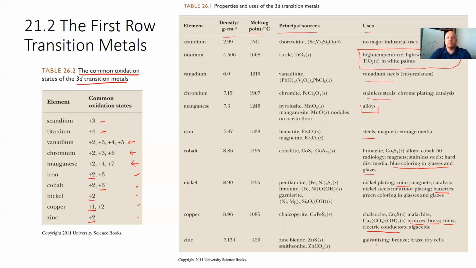One of the biggest uses of zinc, as we talked about, is galvanization, or as a sacrificial anode in a lot of cases. And that's a big key for zinc, and all of these really are important when it comes to redox chemistry.